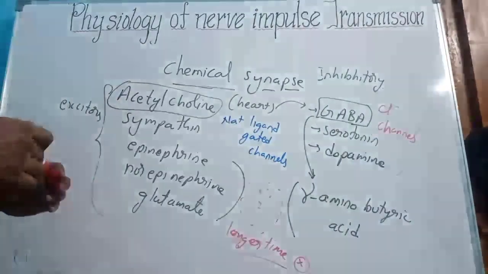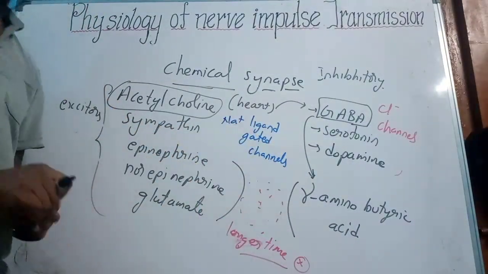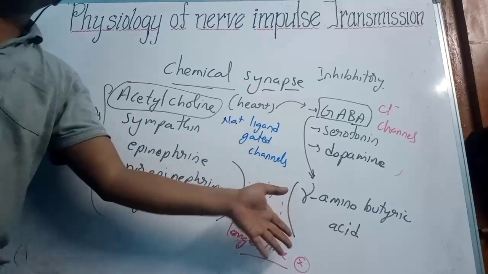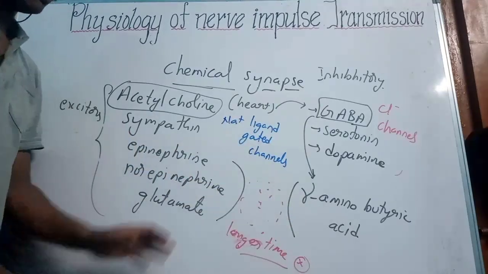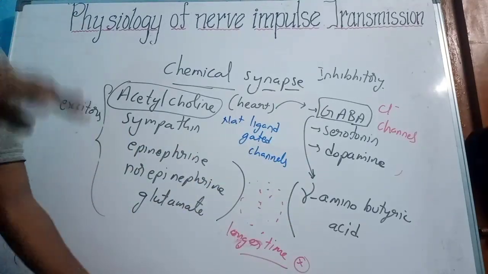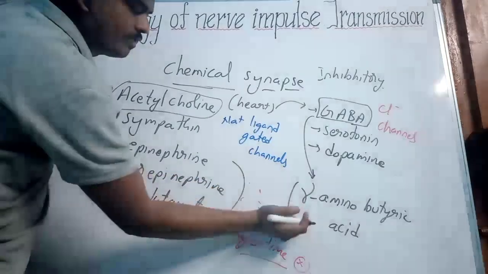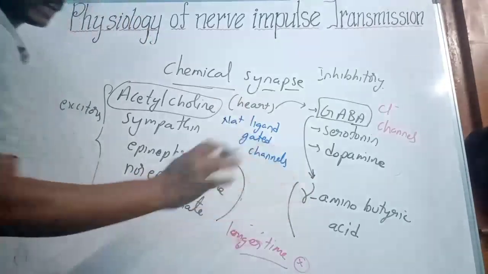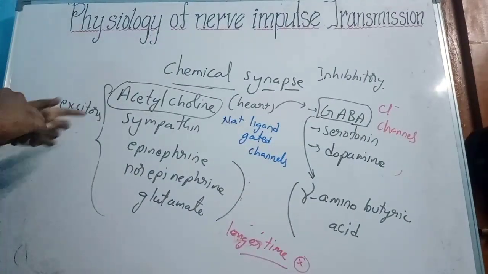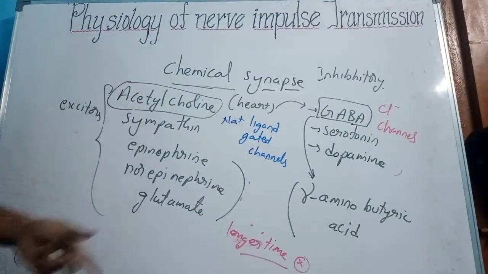What happens once this chemical is released and has activated or inhibited is that there are some chemicals in our body, in the ECF, the extracellular fluid, which will damage these things, which will inactivate them. I'll give one example.